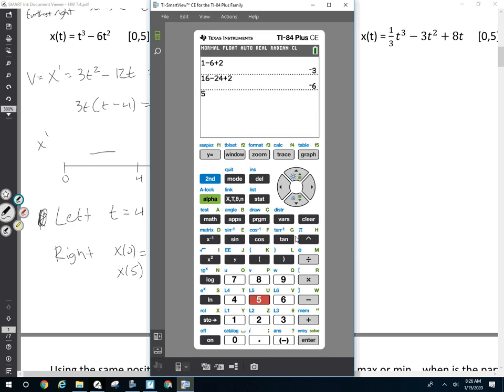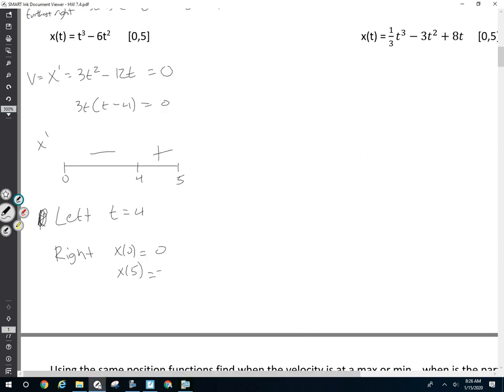Actually, it's not. 5 cubed minus 6 times 5 squared is negative 25. Oh, yeah, it is furthest right. Furthest right would be at the largest position. This will be at 0. So t equals 0 is furthest right.